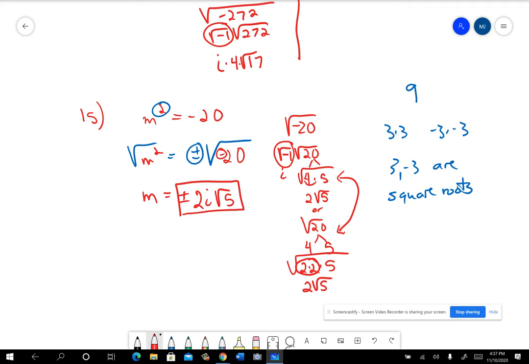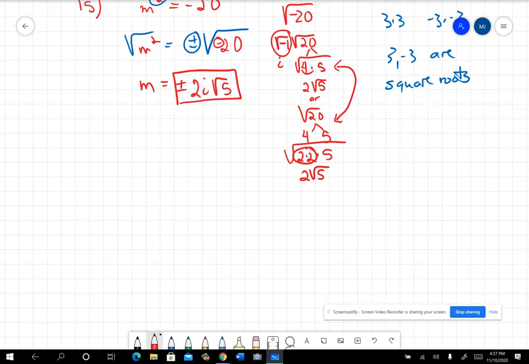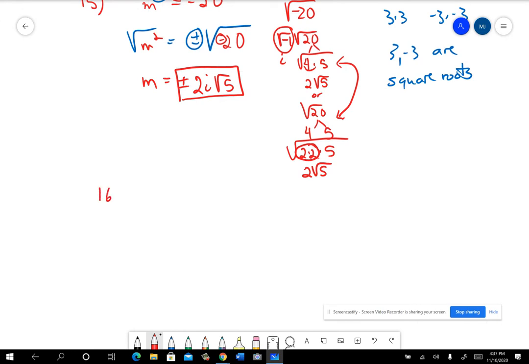All right, and then number 16 on this asked for you not to solve, but just to determine the discriminant. So it said something about finding the discriminant and then use it to determine the number and type of solutions.